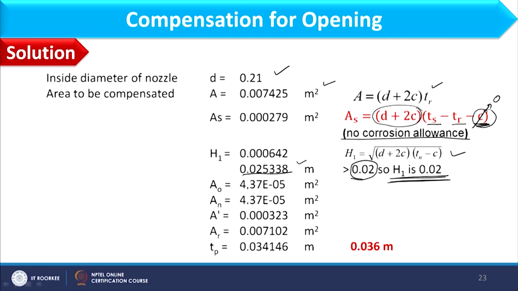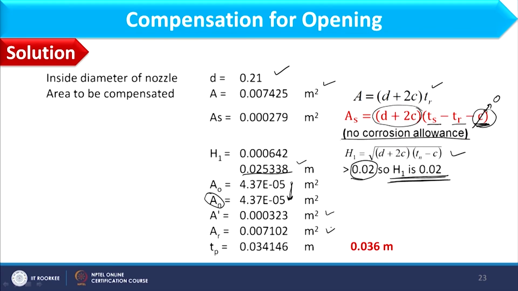So AO will be nothing but 4.37 Newtons per minus 5 meter square. AN will only consider AO, so this value will be the same as that of AO. So considering this, we can find A dash as 0.000323 and then the area of the ring pad as 0.071.